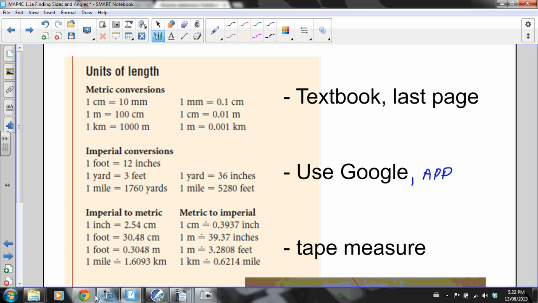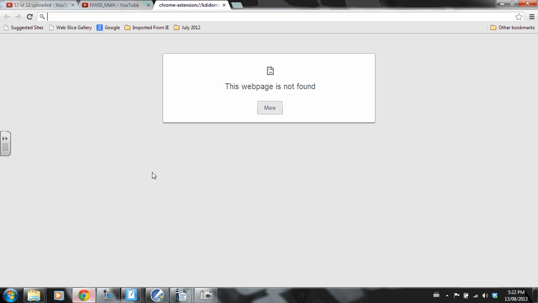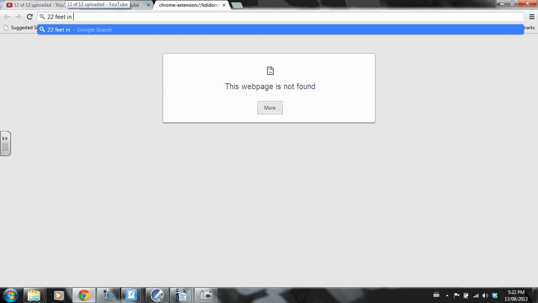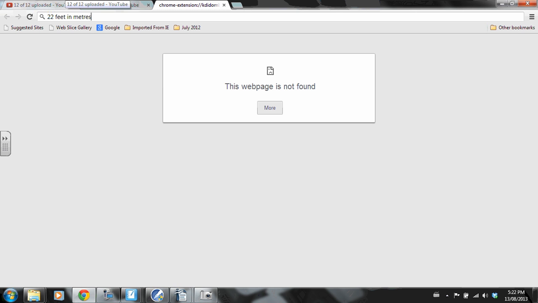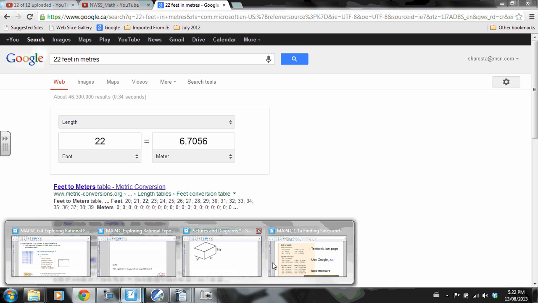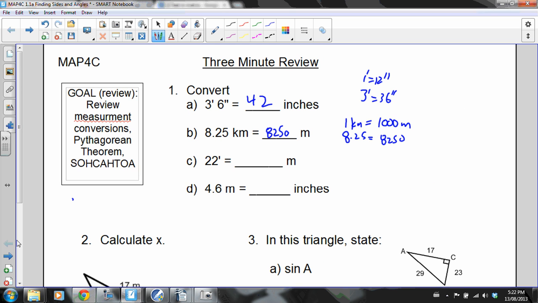So in Google, just type in 22 feet in meters, and amazing, it'll pop right up, 6.7 and change. So let's just write that in there, 6.70 meters. Get back to our note.